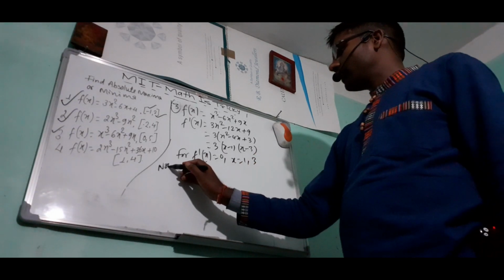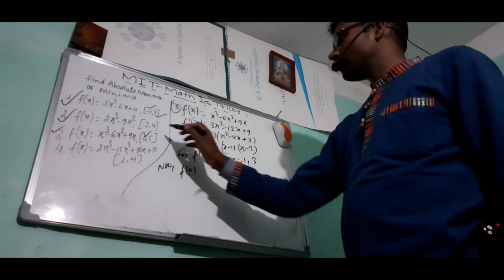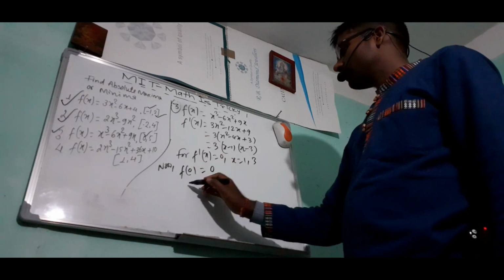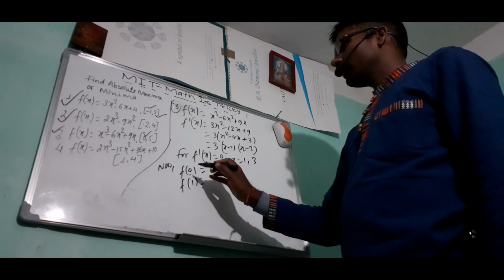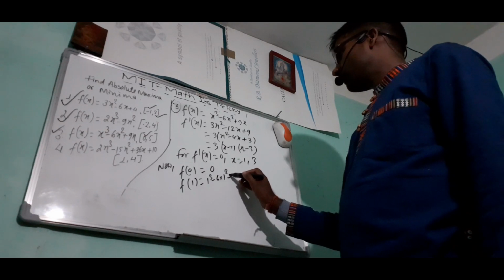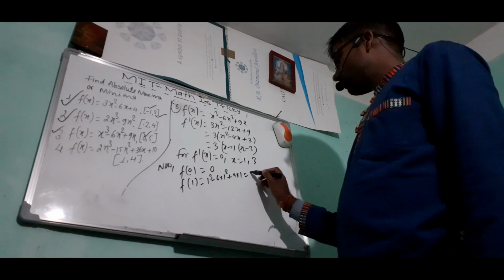Now we'll be finding the functional value. Let's find here f of 0 for this. F of 0 will be simply 0. F of 1 will be 1 cube minus 6 into 1 square plus 9 into 1. So 10 minus 6 is 4.